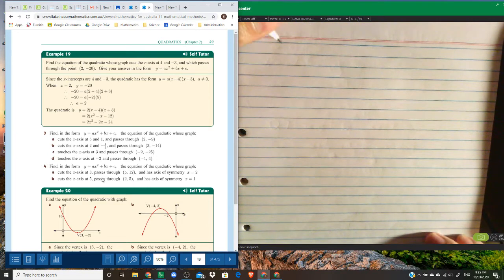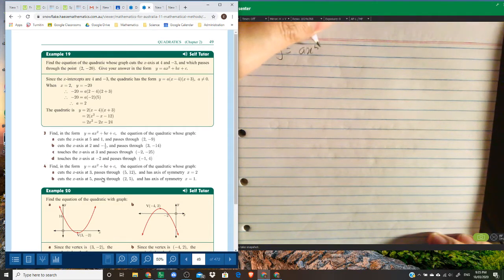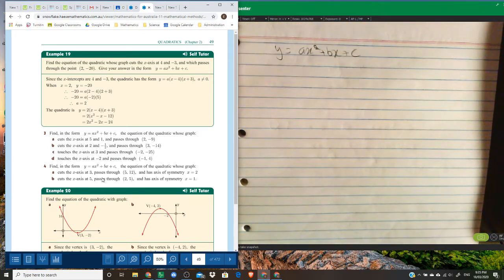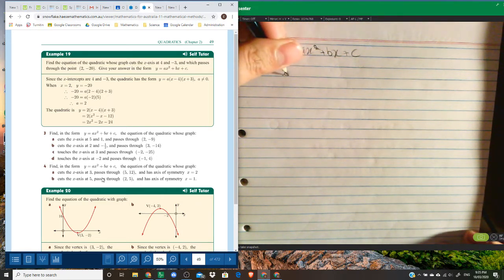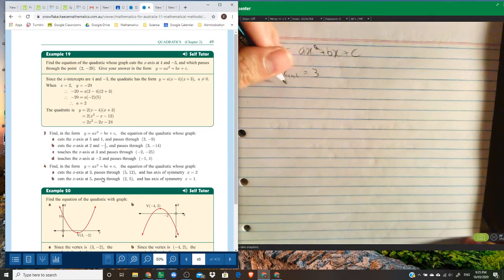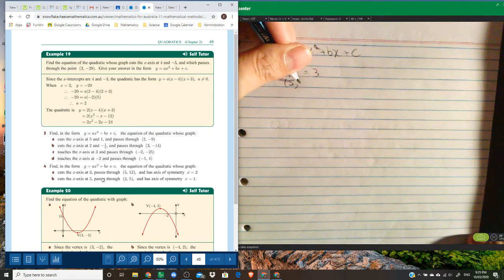Okay, so we got y equals ax squared plus bx plus c. Cuts the x-axis, passes the x-axis. All right, so we have x-intercept equals 3. It has another coordinate of 5, 12.